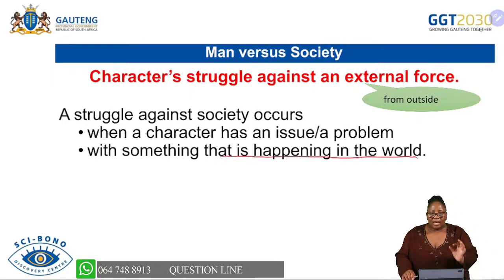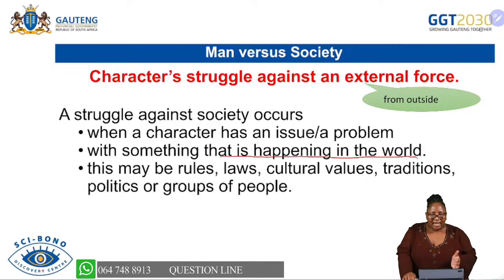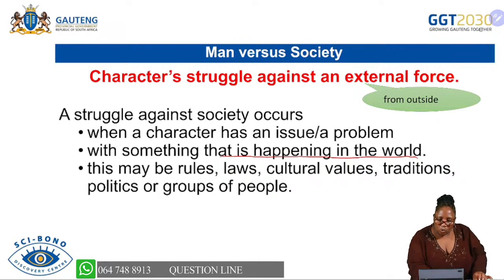So you have force of nature, force with people. So a person now becomes or is having a problem with what? With rules, laws, cultural values, traditions, politics, or groups of people.